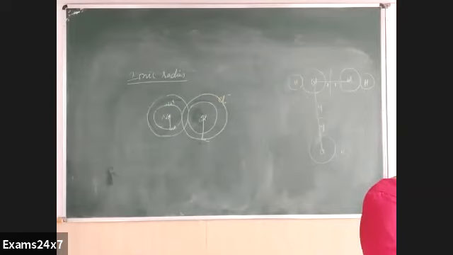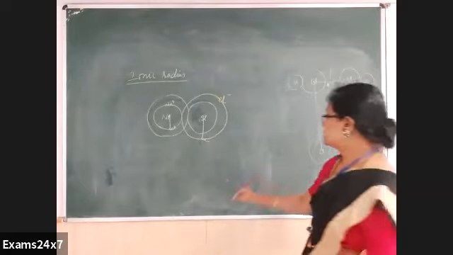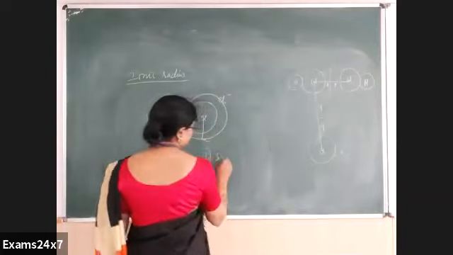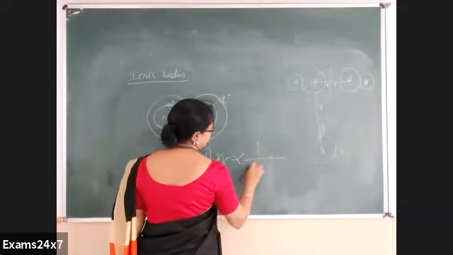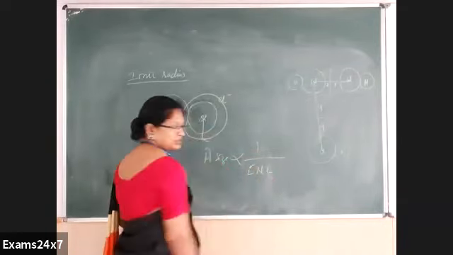Inversely proportional. Atomic size is proportional to 1 by effective nuclear charge. Put the proportional sign: 1 by effective nuclear charge. That is inversely proportional.